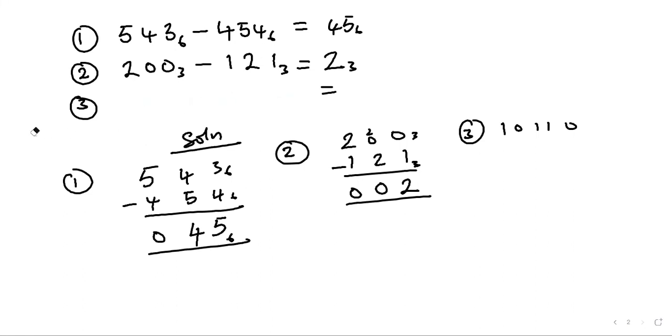Sorry for the inconvenience. Okay, so let me say 11100 base 2 minus 10110. It should be in the right order. Even though if you do it the other way around, it can still be done, it will give you a negative answer. But I don't want to bring confusion.